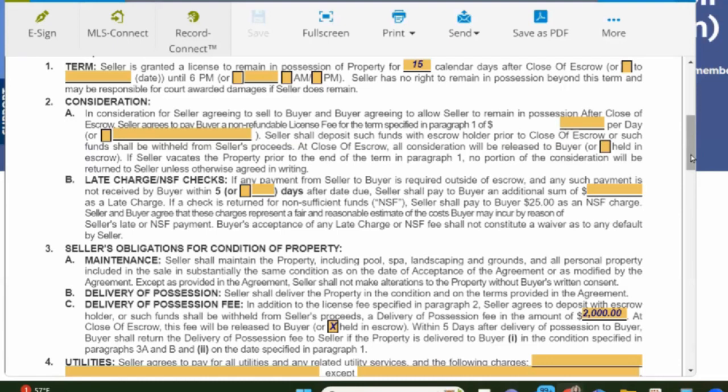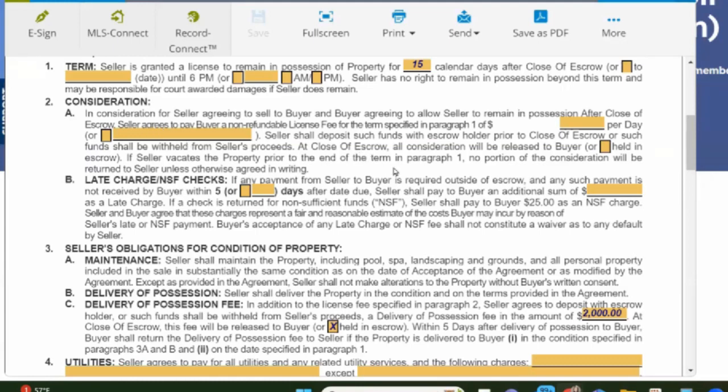So the seller might be used to having a monthly payment of $2,000 a month, but because they sold it at a higher price, now the new owner's payment might be $4,000 a month. So even if we say, well, we'll let you stay at your daily rate, is it the daily rate of the seller's mortgage or the daily rate of the buyer's mortgage, right? So anyways, you can put a certain dollar amount per day or a flat amount.